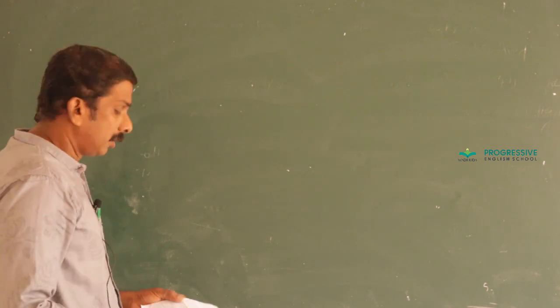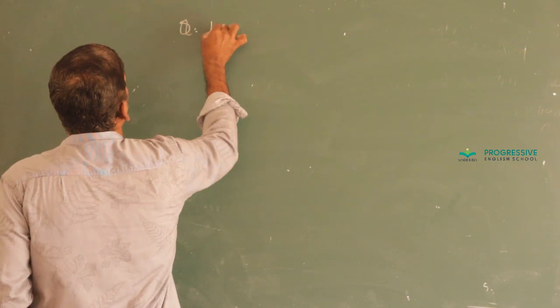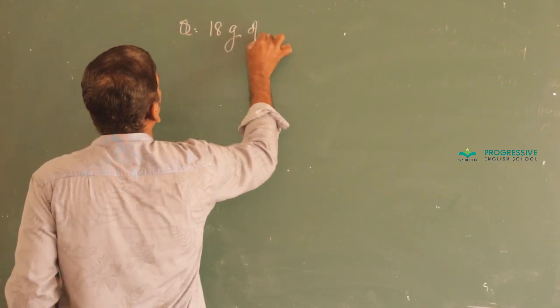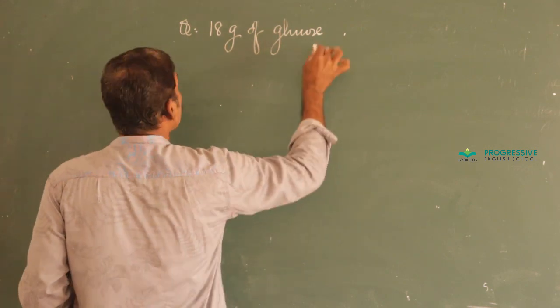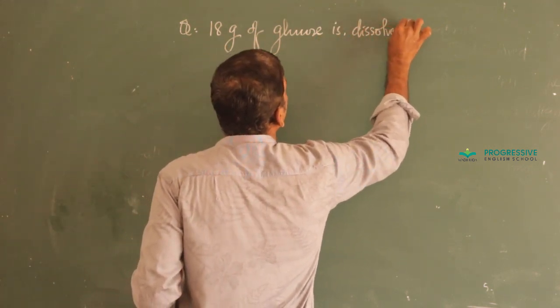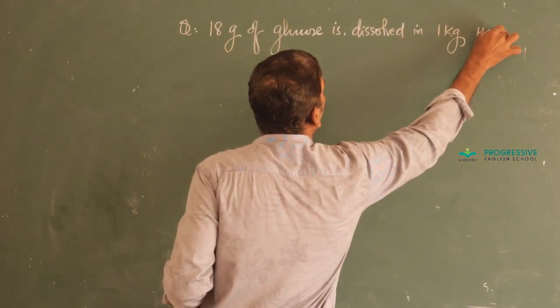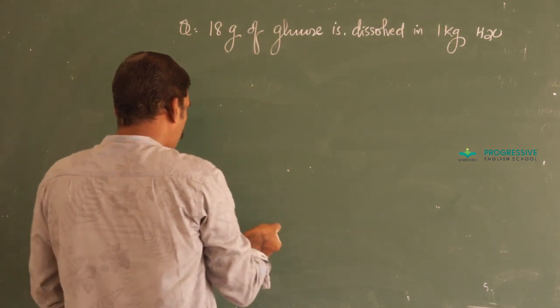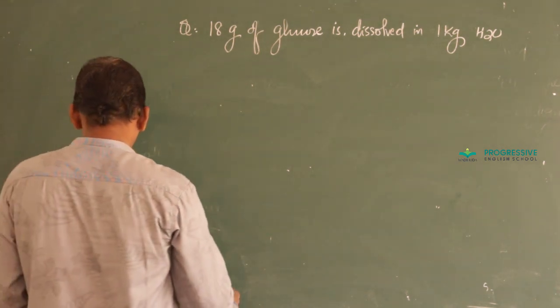Okay. And next one, 18 gram of glucose is dissolved in 1 kilogram of water.